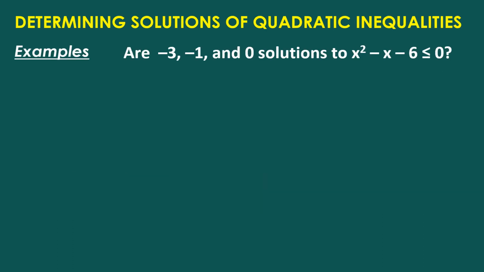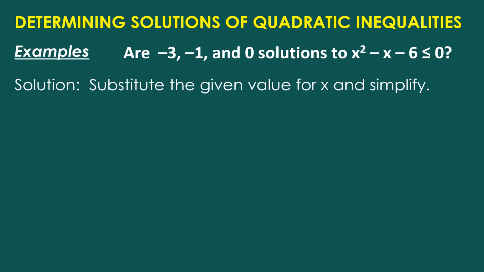Let us have an example. Are negative 3, negative 1, and 0 solutions to the inequality x squared minus x minus 6 is less than or equal to 0?